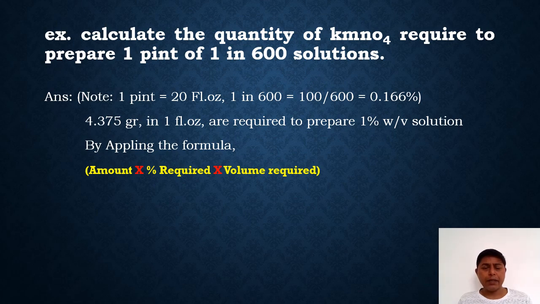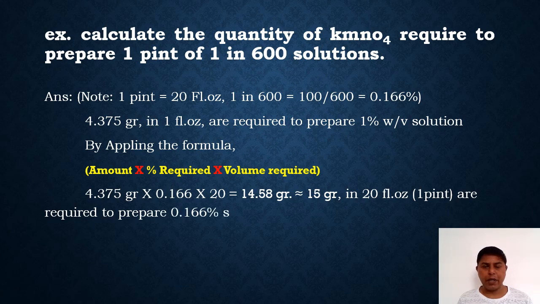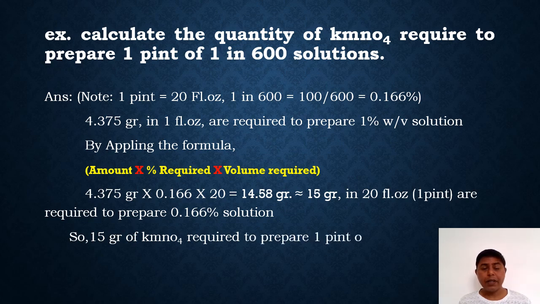Therefore, by applying the formula amount into percentage required into volume required, we get 4.375 grain into 0.166 into 20 fluid ounce, which is 14.58 grain, equivalent to 15 grain. It means that 15 grain of KMnO4 is required to prepare 1 pint of 1 in 600 solution.